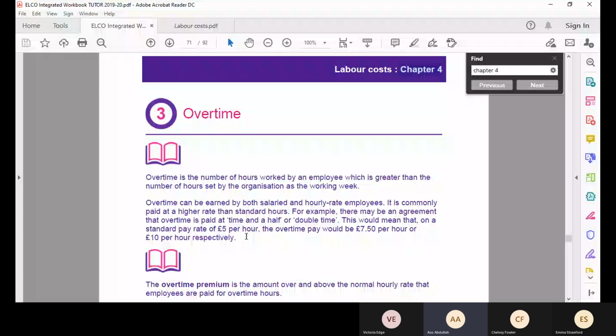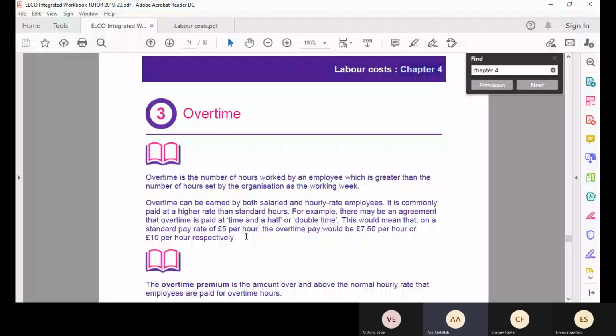So 40 hours at £10 means £400, plus you're working 5 hours extra, so you have £25 for the overtime, so 400 plus 25 means £425.